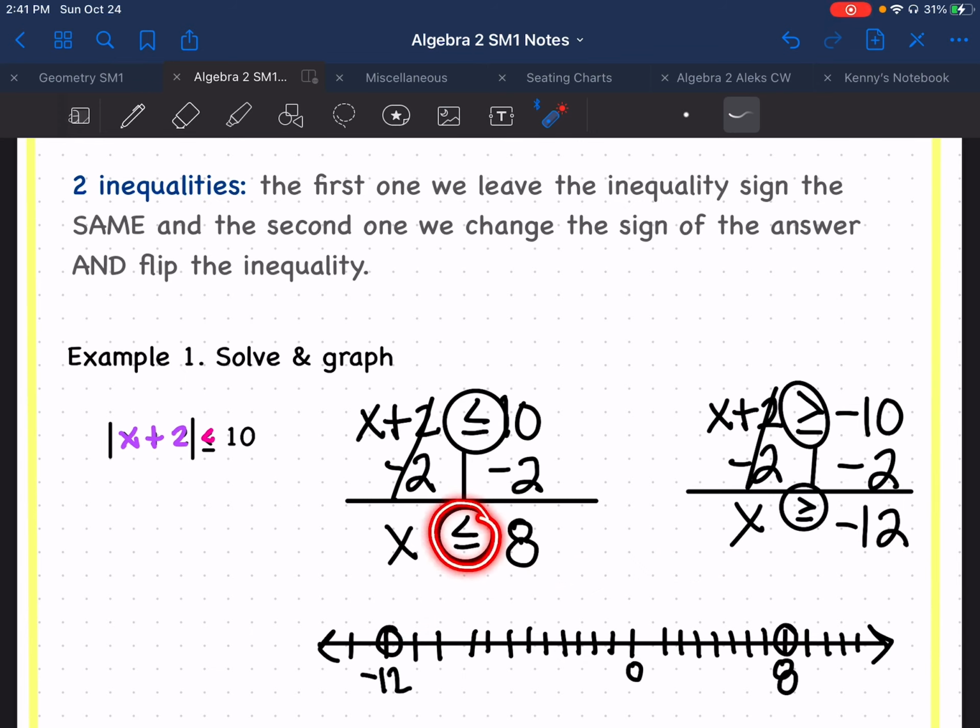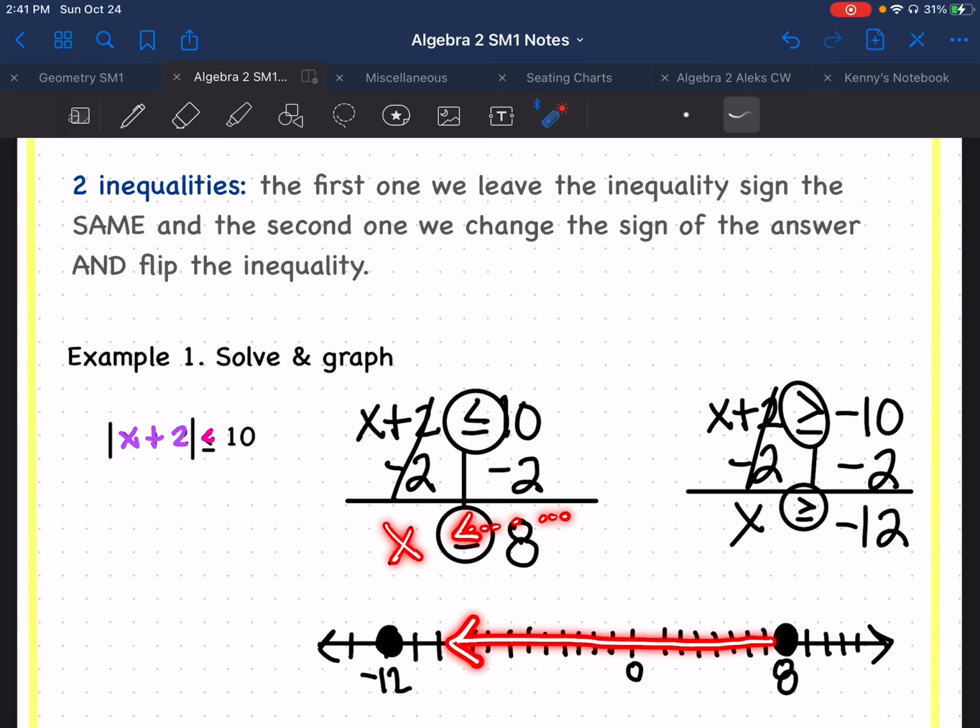Remember, this symbol is going to tell you where to shade, how to shade, and if it should be open or closed. So the first thing you're looking for is: is there a bar? There is a bar for 8, so let's go ahead and shade it in. Look at -12. There is a bar, so let's go ahead and shade it in. Now, if you look at the 8, remember when x is first, this is like an arrow, so it's telling you to shade in this direction.